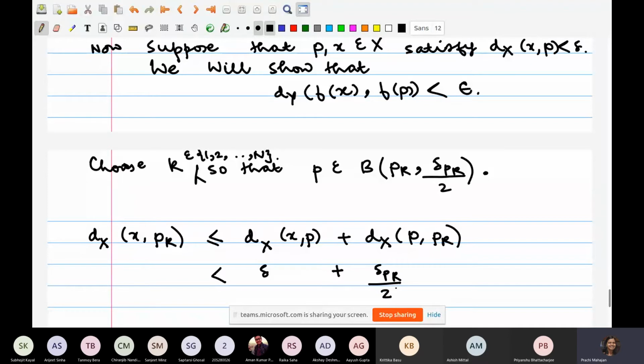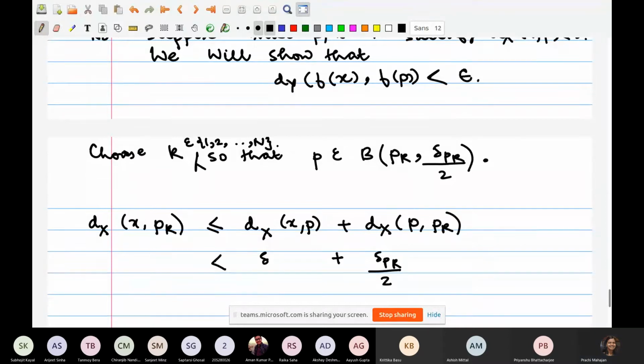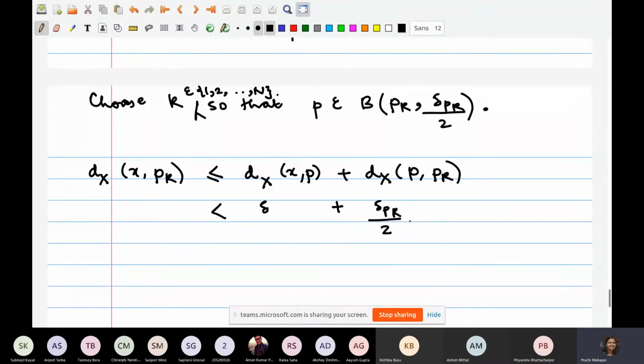Because P belongs to this neighborhood around pk of size delta pk by 2. Now, delta is the minimum of these delta pi by 2, which means that this inequality is true: delta is also at most delta pk by 2.